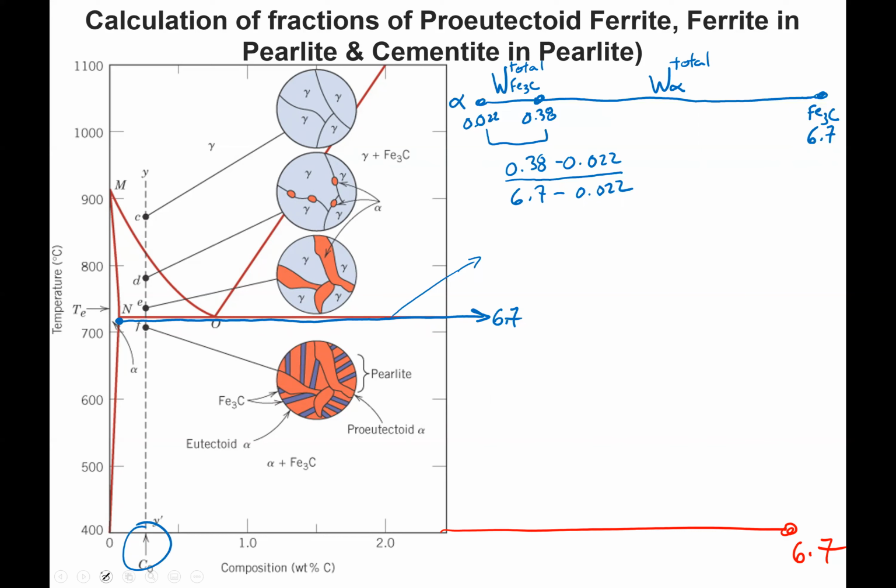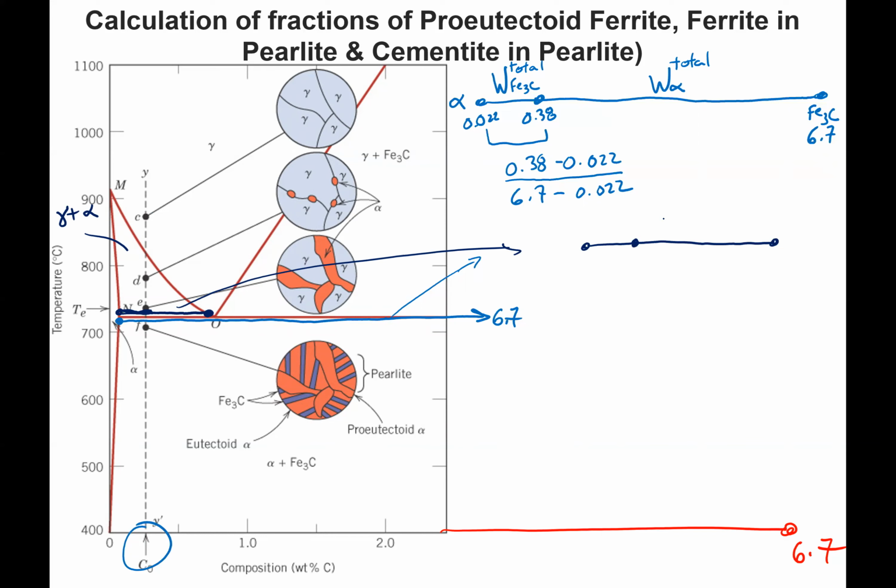All right, so I've got that. Now let's draw our other tie line. In these problems, we always need two. So let's draw our tie line in this little region in here. I remind you, because again this is not labeled, but this is gamma plus ferrite. Let's pull that one out.